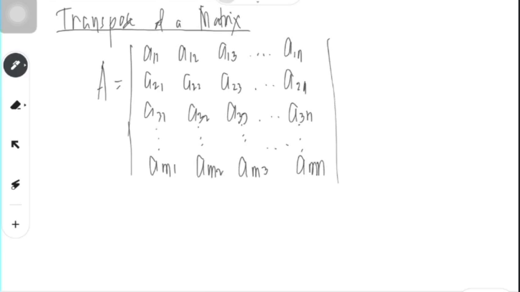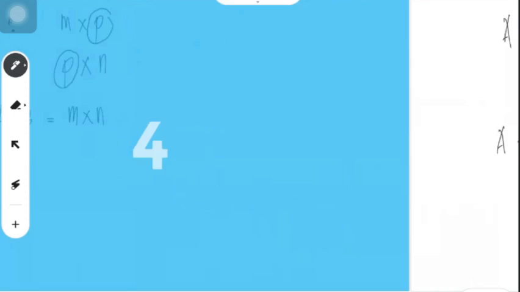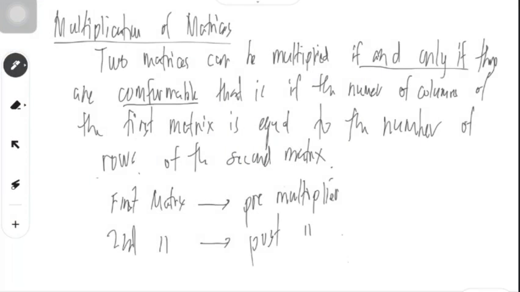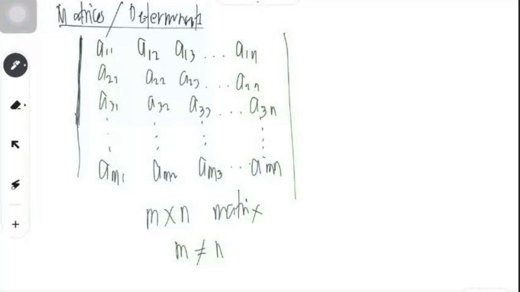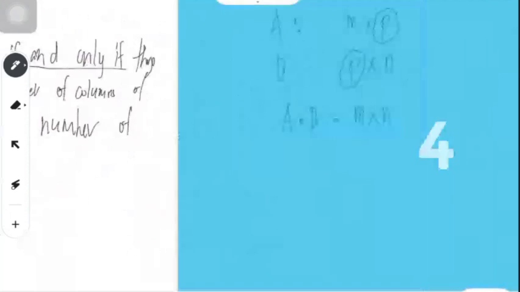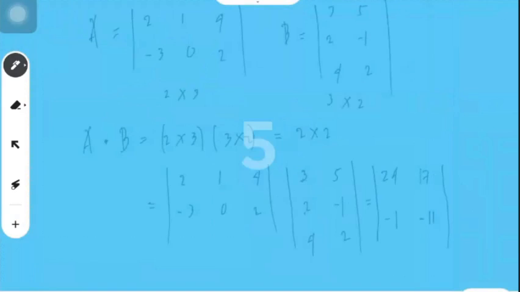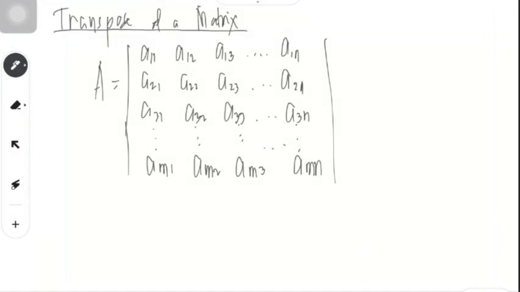Is this our first definition of a matrix? Correct. Now, what is the transpose of this matrix? What do you mean by the term transpose of a matrix?